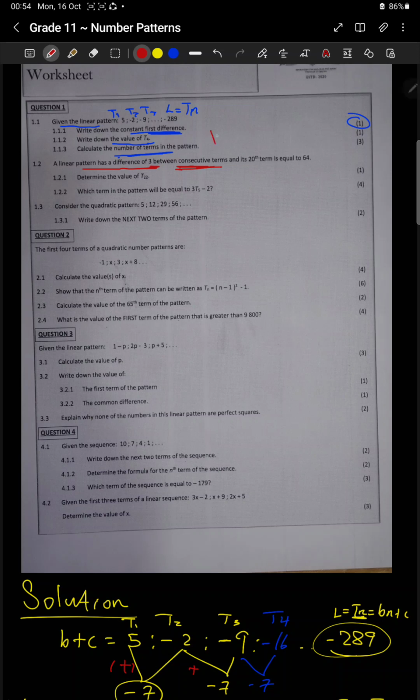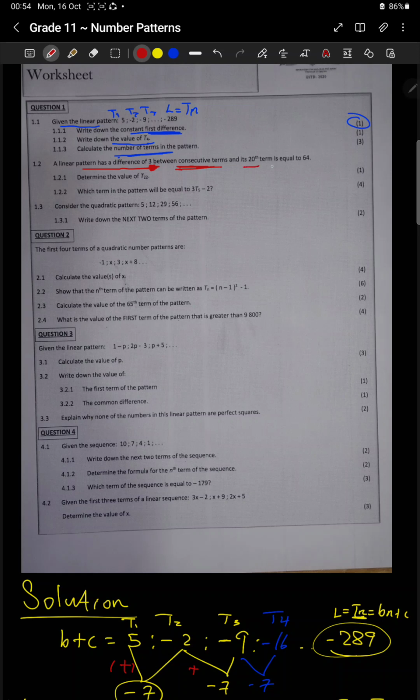For example, we've got 1 is to 2 is to 3 is to 4 and so on, and the constant difference here is 1. So these terms here are called consecutive terms. Why? Because between these terms, we have the constant difference. All right, so they say 3 now is that constant difference between the consecutive terms.